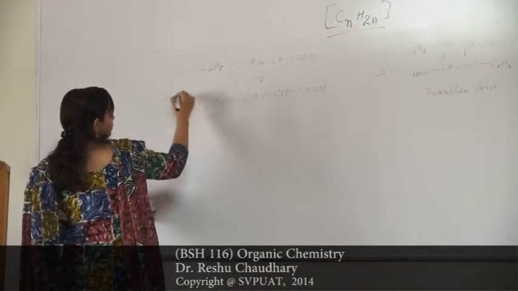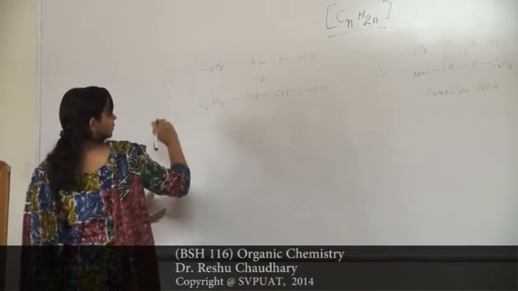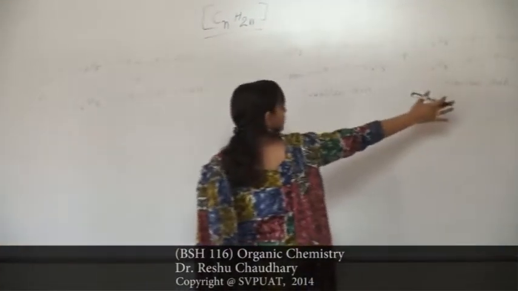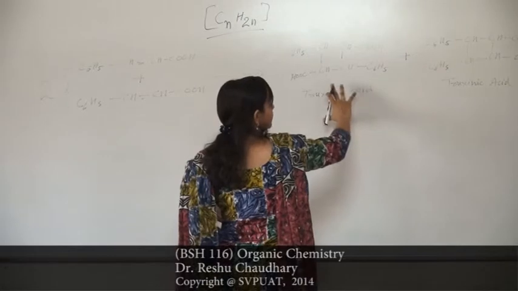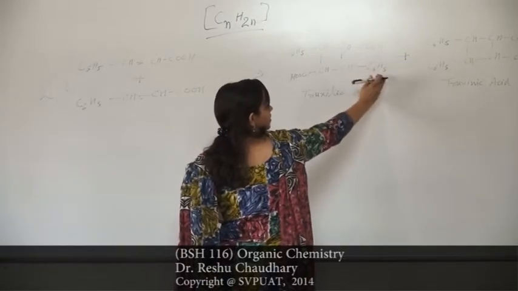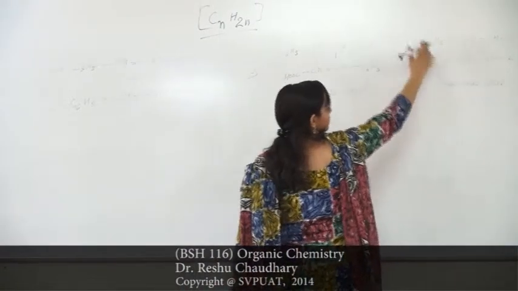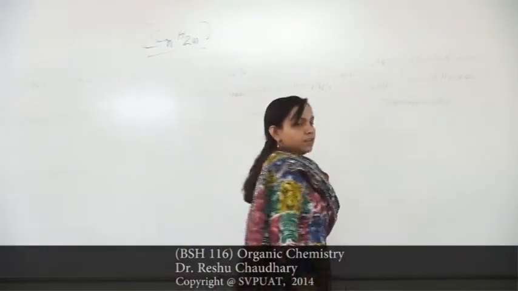The 2 molecules of both form the two acids. The difference between the two acids is that in one the C6H5 is present at this end, and in the other the C6H5 is present at this end.